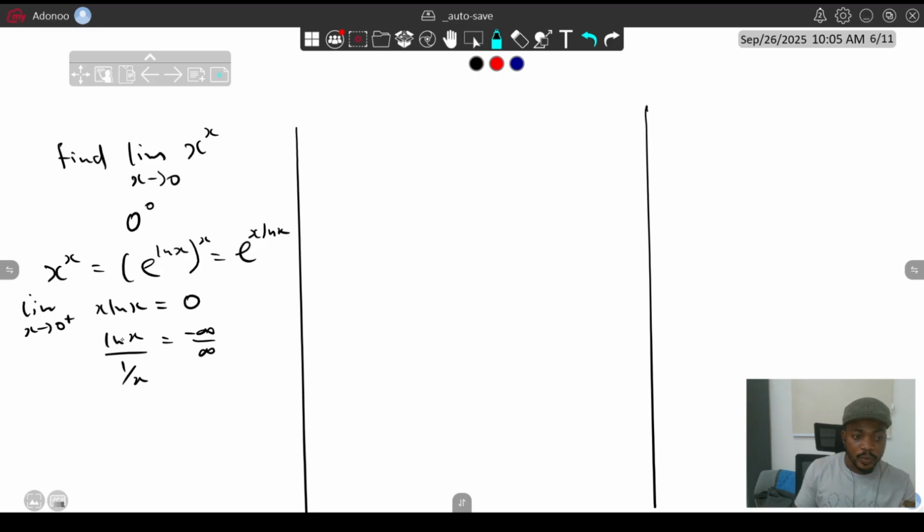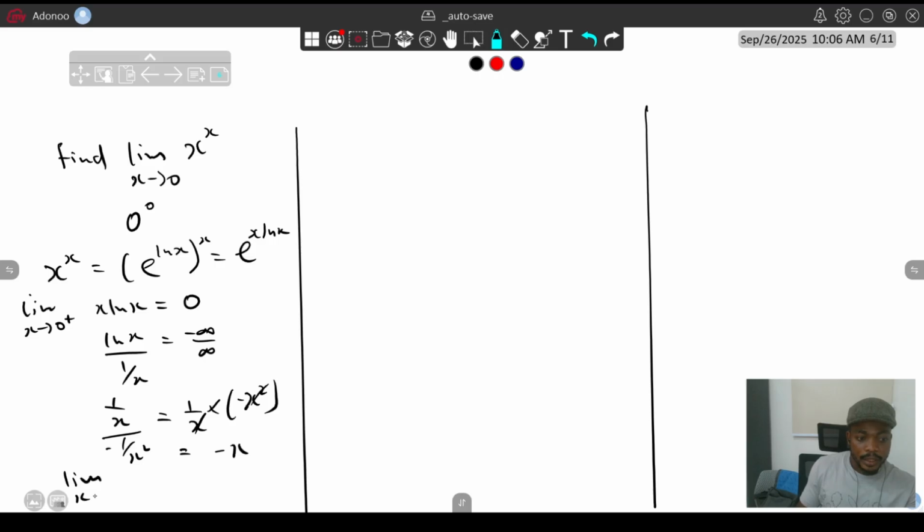So we differentiate the numerator and then the denominator, and then we have 1 over x over minus 1 over x squared, which is now 1 over x times minus x squared. This cancels this, and then we have minus x. Therefore, we have the limit as x approaches 0 of x ln x to be equal to what? To be approaching 0.